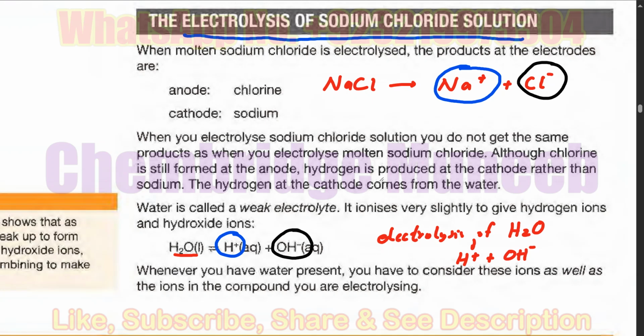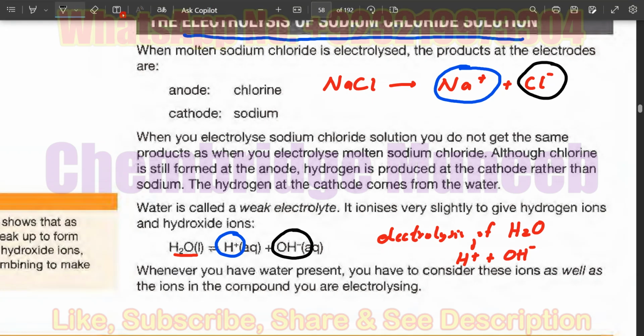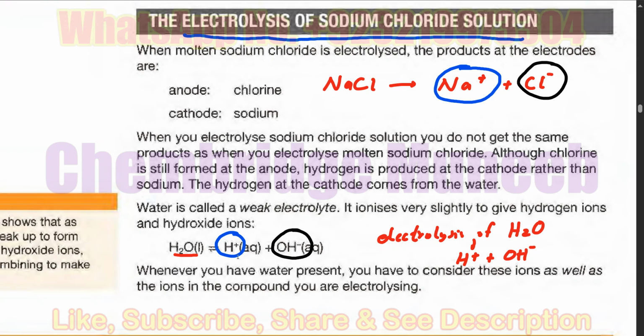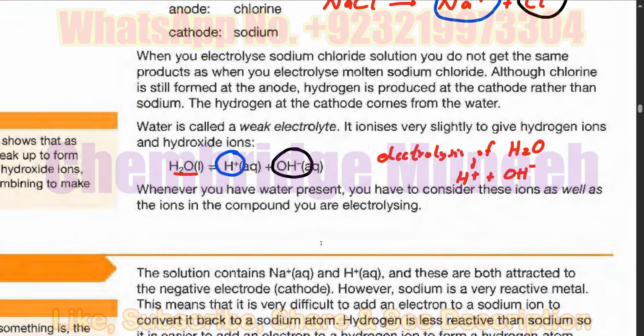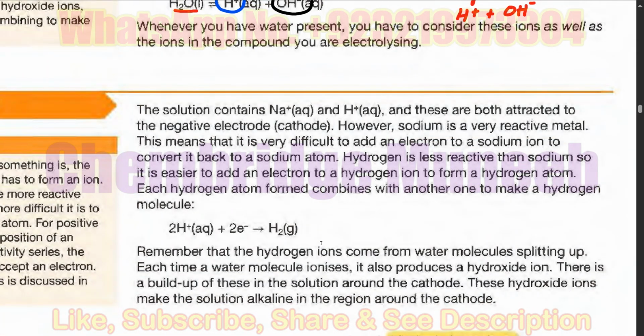So in this case, it will be quite difficult, compared to molten cases, to determine which of these ions will discharge at the electrodes. You have to check whether the sodium ion or the hydrogen ion will discharge at the cathode, and similarly, whether the chloride ion or the hydroxide ion will discharge at the anode.